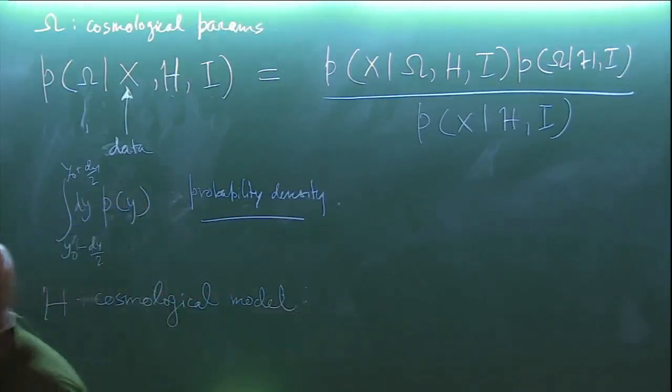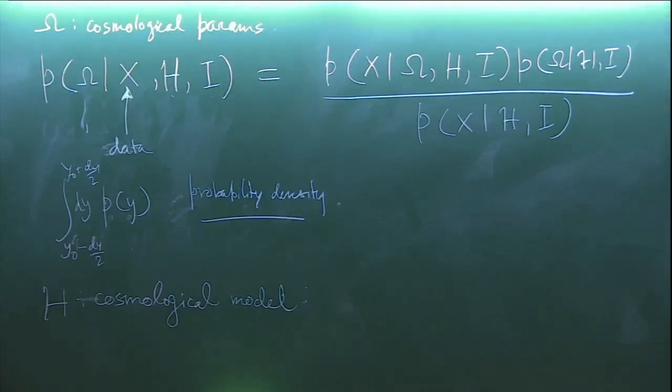So it could be lambda CDM if you're actually measuring all the other cosmological parameters. If we restrict ourselves to a nearby universe, then it's just the model that describes the redshift distance relationship, dl equals h naught over z c.